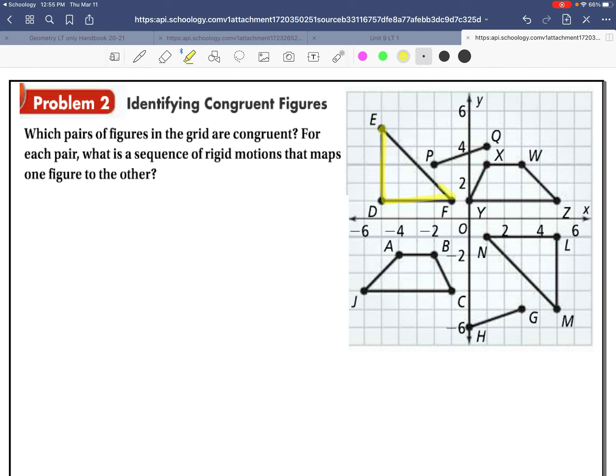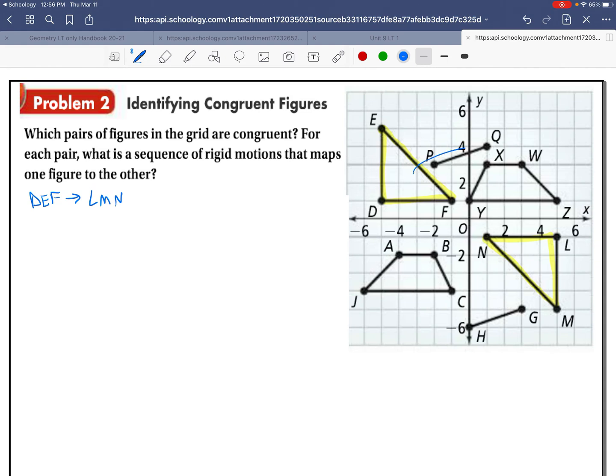It looks as though these two are congruent, and I'm going to prove that they're congruent. So what I want you to do is pause the movie, try to figure out a series or just one transformation that maps one to the other, and I'm going to start with DEF. To take DEF to the other triangle, LMN, what I'm going to do is figure out, well, it looks to me like the orientation is different.